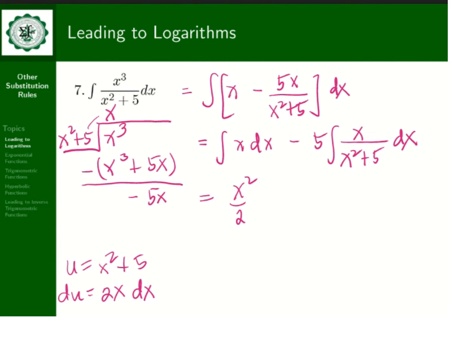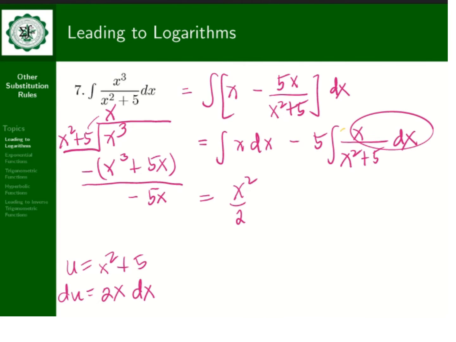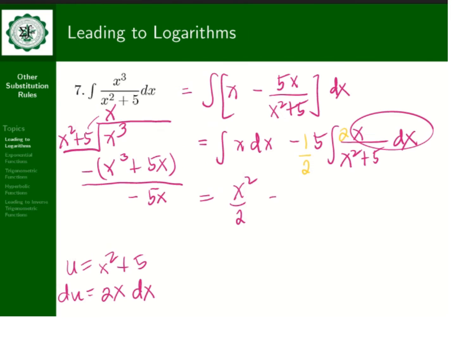Now, since we already have x dx in the given, we just need to put in a 2, and then 1/2 outside as our correction factor, and perform the substitution. So this becomes 1/2 times 5, which is 5 over 2.